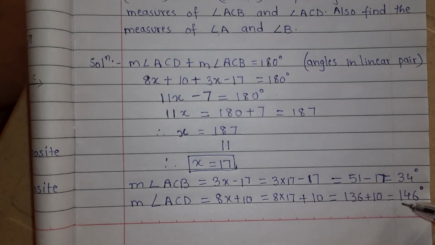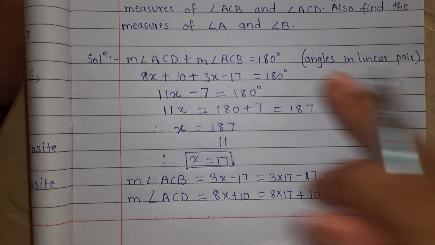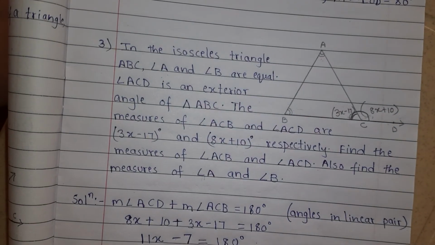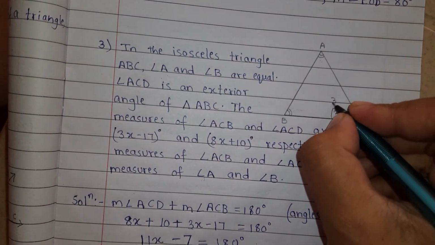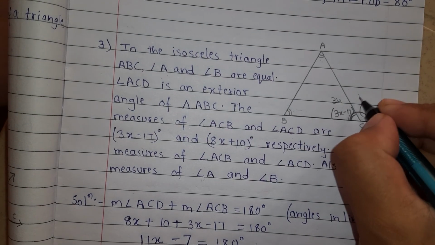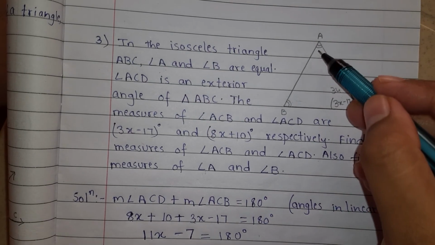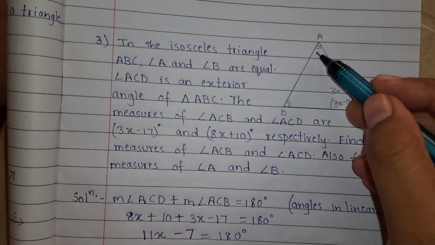You can check also: 146 plus 34 comes to 180 degrees. Now this angle is 34, this angle is 146. This we have found. Now we have to find the measure of these two angles.